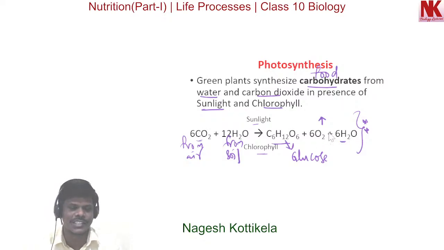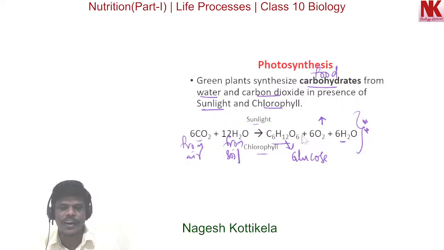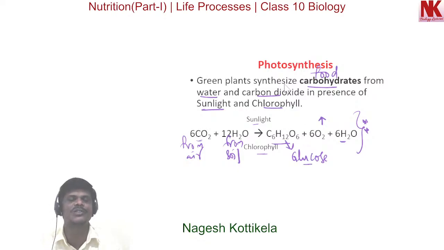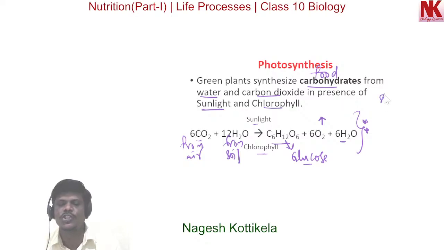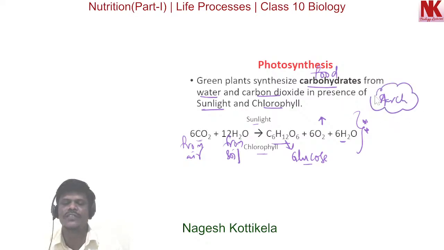Very important. The glucose that is formed during photosynthesis, if it is in excess amounts in the plant body, is stored in the form of starch. In case of animals, excess glucose is stored in the form of glycogen.